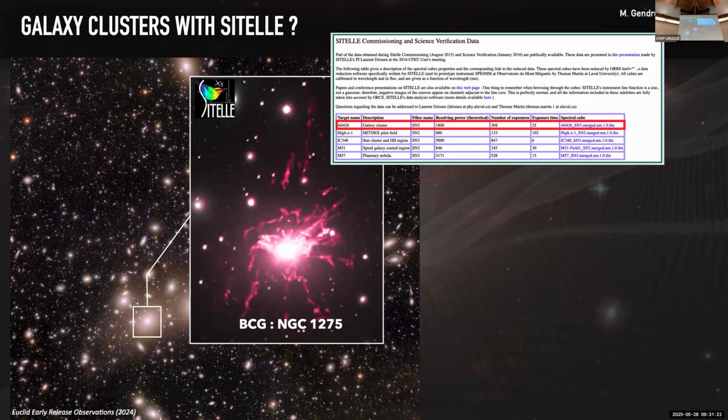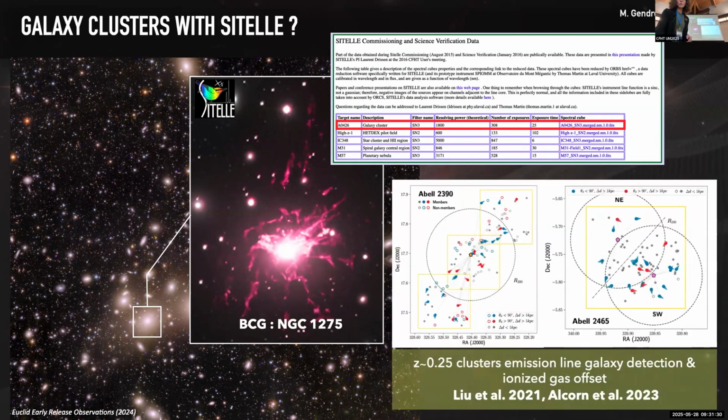Back in the day, I knew that there were some weird filaments around this galaxy, but not much more. But when I saw these data, I was like, okay, we have to work on that. So studying galaxy clusters with SITELLE is actually something really nice. I'm going to show you several results that we have obtained with that.